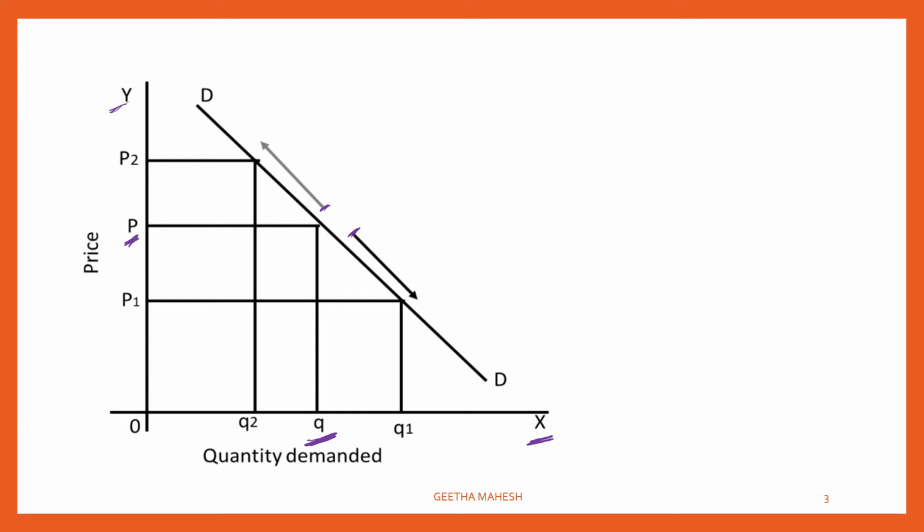If the price of a product increases, then the quantity demanded will decrease from Q to Q2. This leads to movement upwards along the demand curve. This we call the situation of contraction of demand.